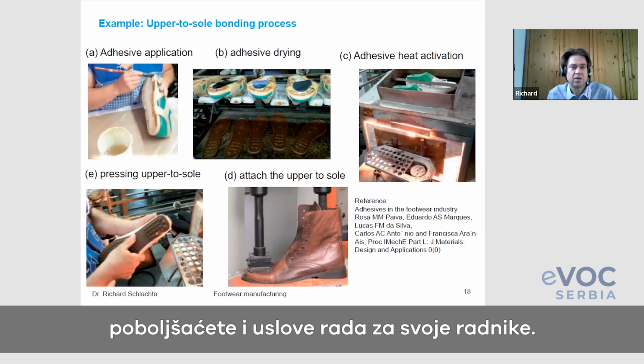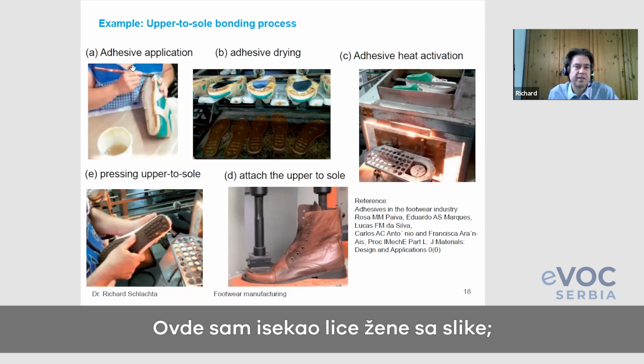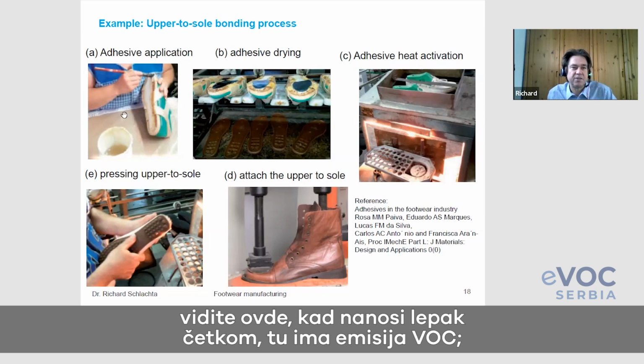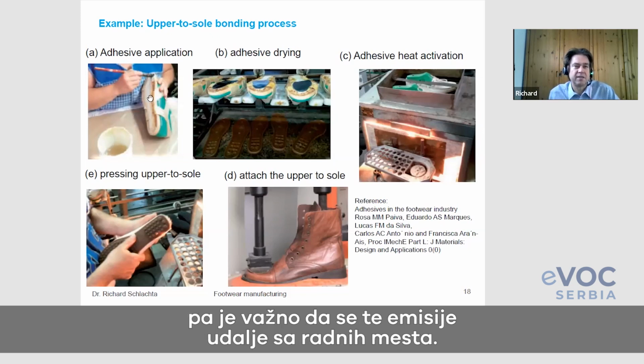workers too. Because you see, I cut off the face of the woman here, but when you do this application of the glue, you will get, of course, the VOC, and then it's important that you extract the VOC emissions from the working places.